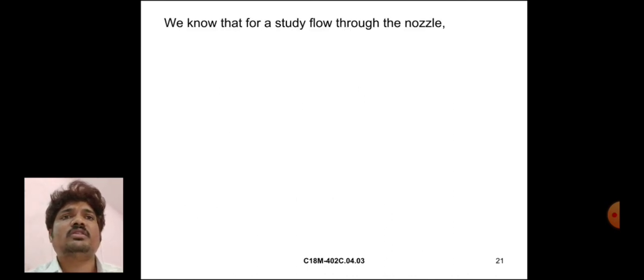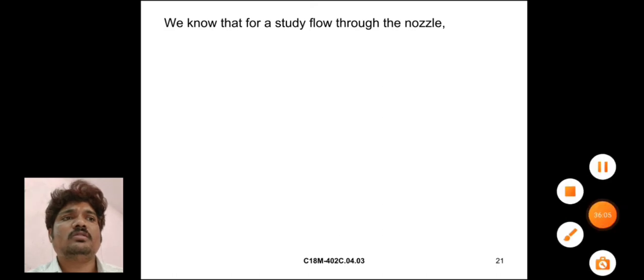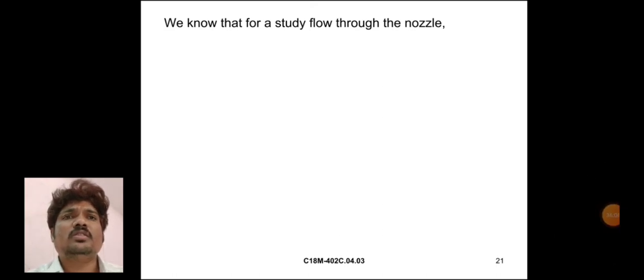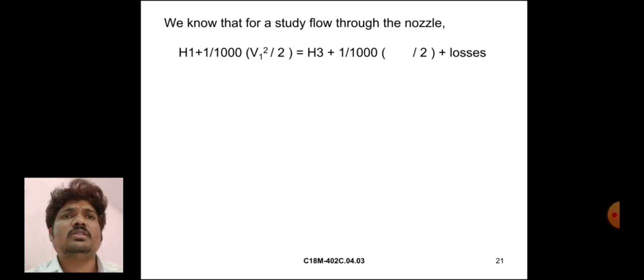We know that for a steady flow through the nozzle, H1 plus 1 by 1000 V1 square by 2 is equal to H3 plus 1 by 1000 V3 square by 2 plus losses.